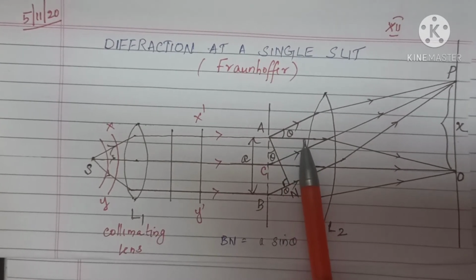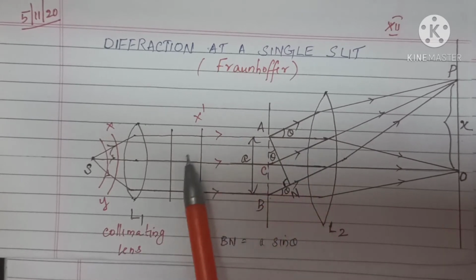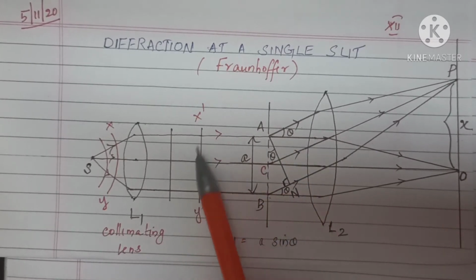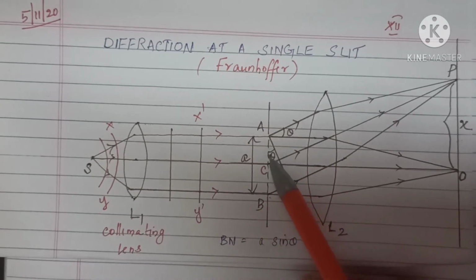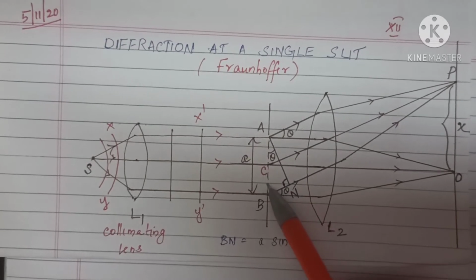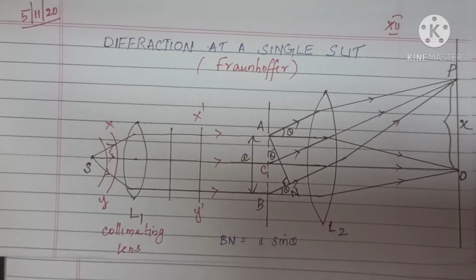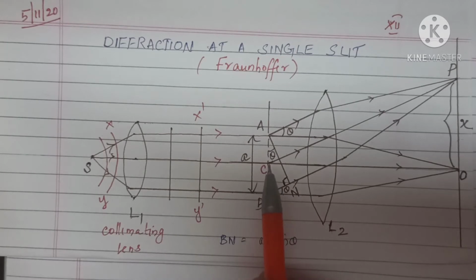Now we can consider a plane wavefront coming towards the slit AB. As you know, each point on this slit is a source of secondary disturbance or secondary wavelets according to Huygens' principle. So from these points, secondary wavelets will originate.